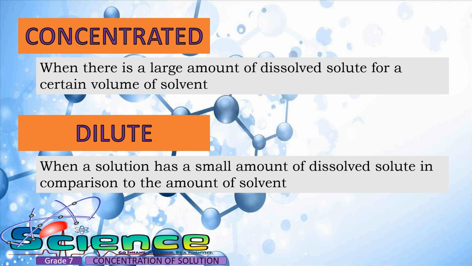Dilute and concentrated are only relative or qualitative observations. A more accurate way of expressing the amount of solute in a given amount of solvent is in terms of quantitative observation or by percentage.